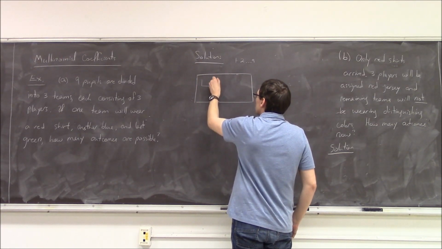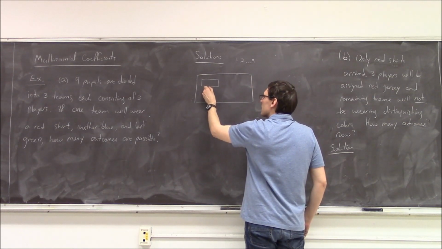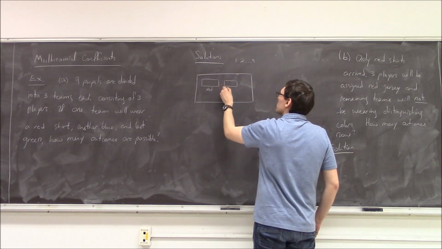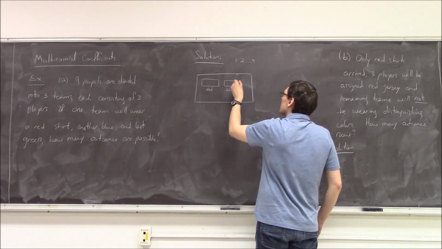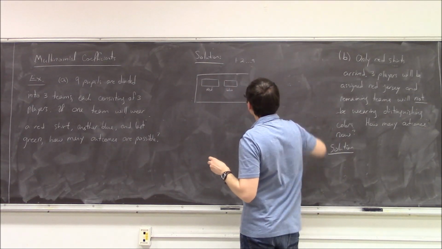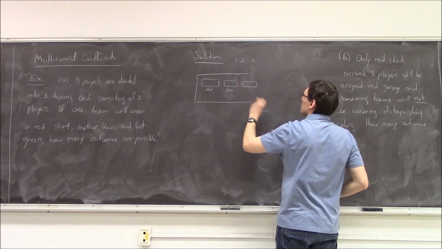So this will contain the red team. This will contain the blue team, and the last box will contain the green team.